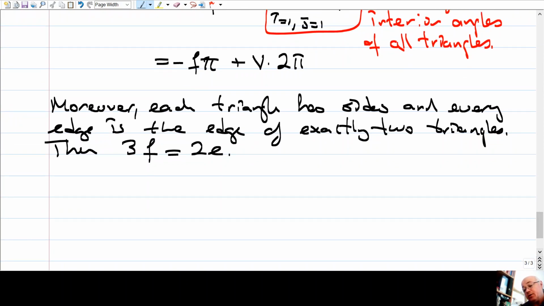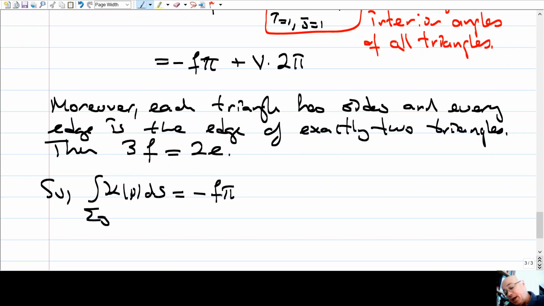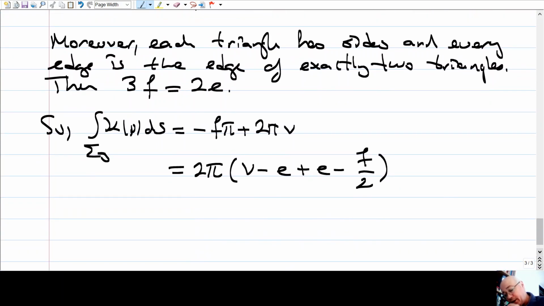Okay. So this integral, which is equal to minus f times pi plus 2 pi v, can be written as follows: 2 pi times the quantity v minus e plus e minus f over 2. I can write it like this. See, I added e and minus e, so it gives me 0.